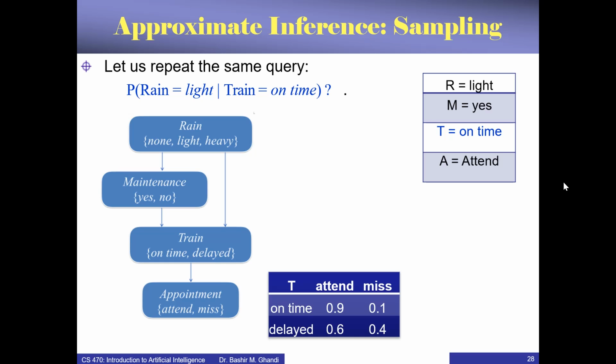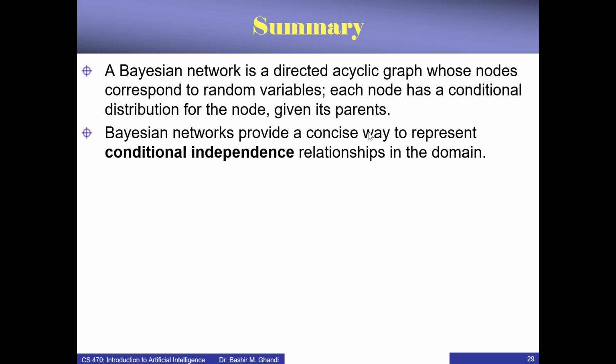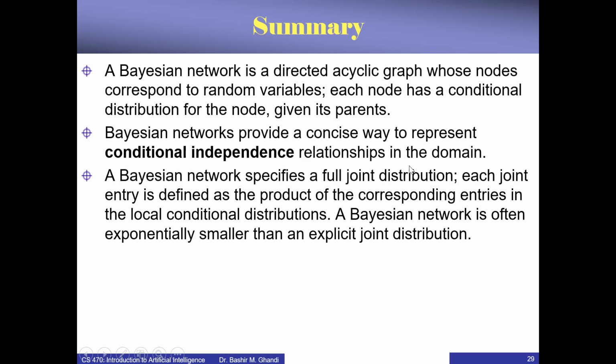So in summary, in this lecture, we have learned that a Bayesian network is a directed acyclic graph whose nodes correspond to random variables. Each node has a conditional distribution given its parents, except the root nodes, of course. And Bayesian networks provide a concise way to represent conditional independence relationships in a particular domain.